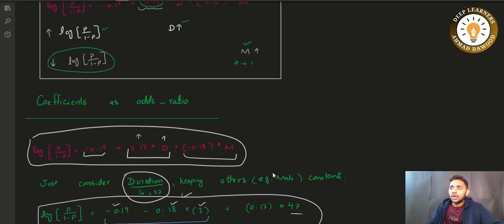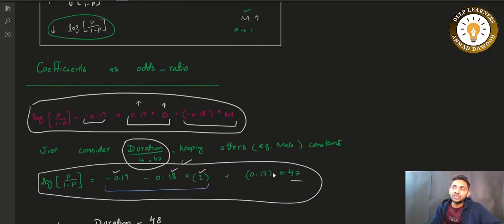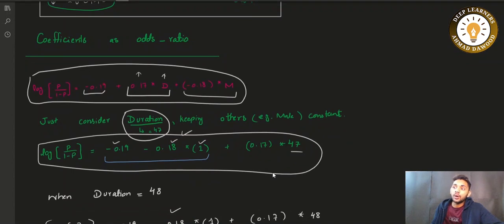Now you can see this 0.17 is actually the log of odds ratio. And if you want to see how much percentage increase in the odds, p over 1 minus p, by increasing 1 unit in duration, you can very simply use e raised to the power 0.17 minus 1.